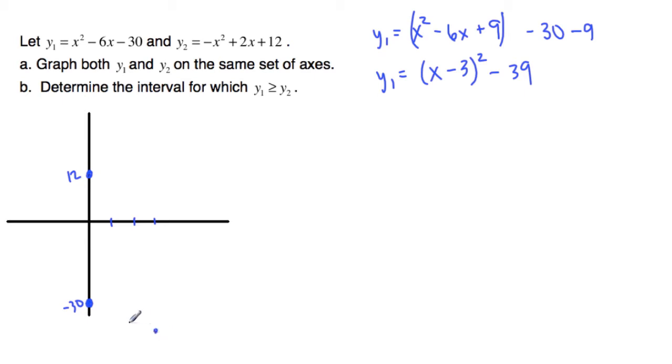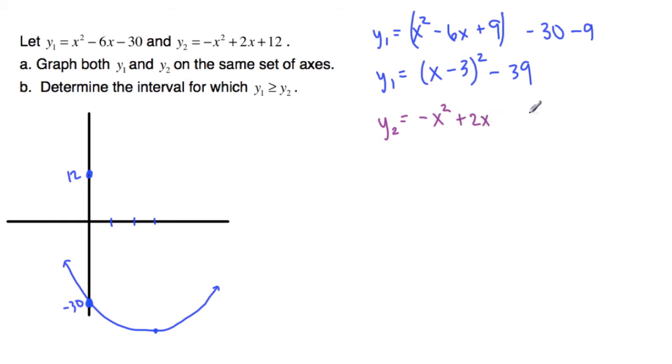So somewhere right there, and it goes through -30. Okay, looks like that.